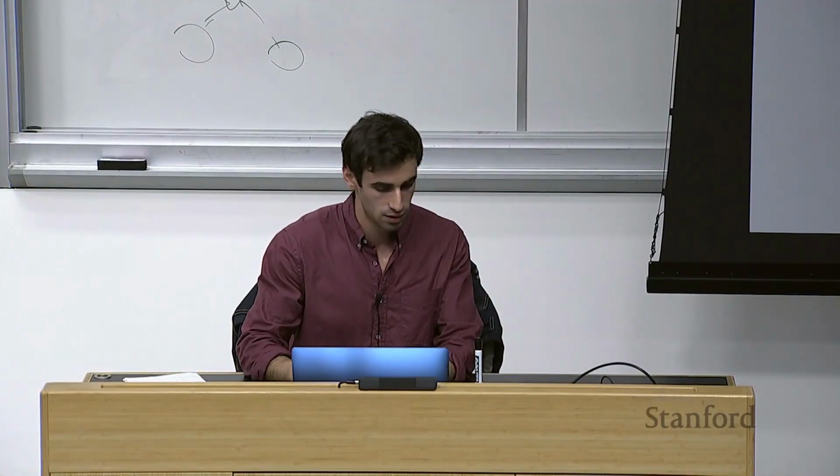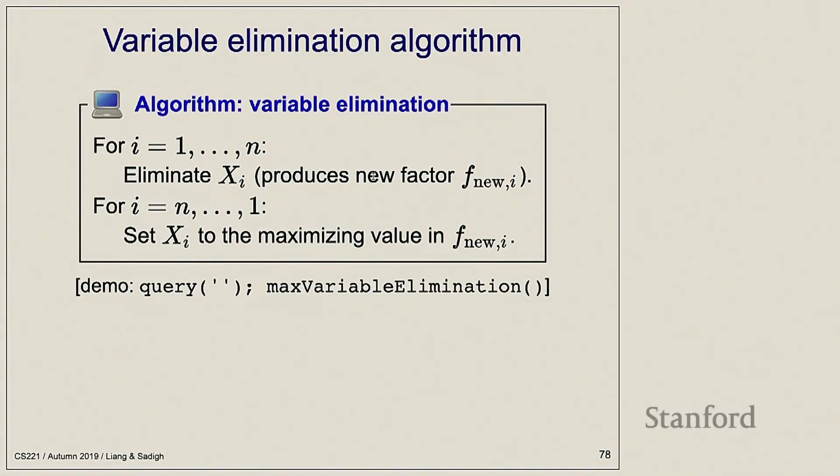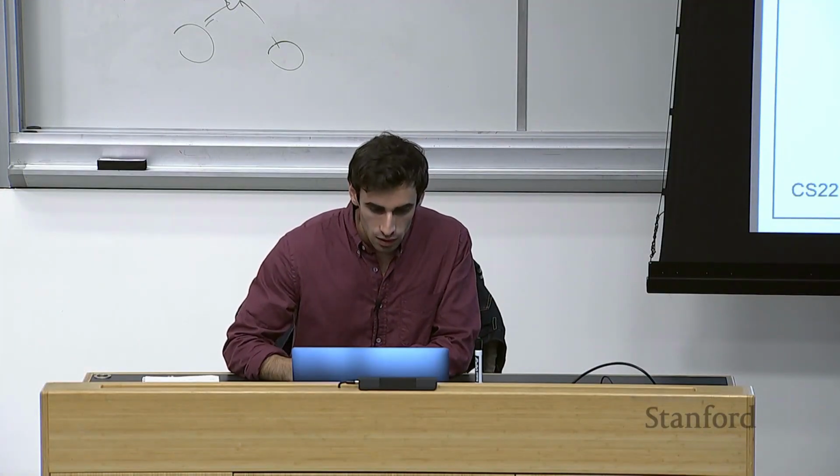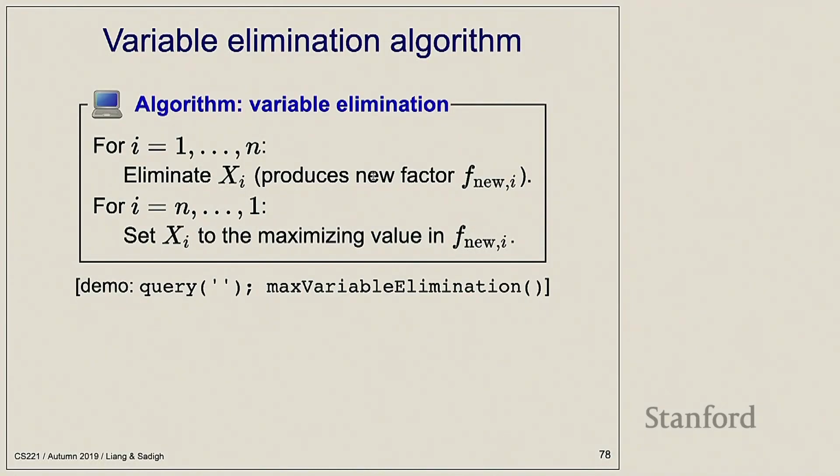So that is variable elimination. Yeah. For the second for loop, why do we go in the opposite order from n to 1 instead of 1 to n? Oh, that is basically a mathematical way of saying what I just said about the back pointers.